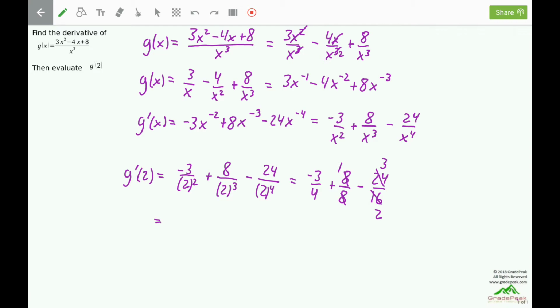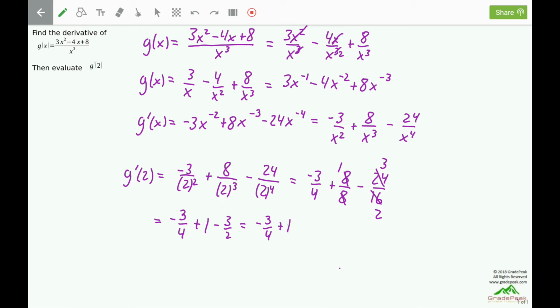So this will give us a negative 3 over 4 plus 1 minus 3 over 2. Looks like the common denominator is going to be a 4. So we're not going to do anything with the negative 3 over 4.